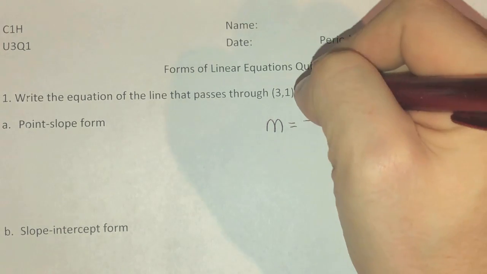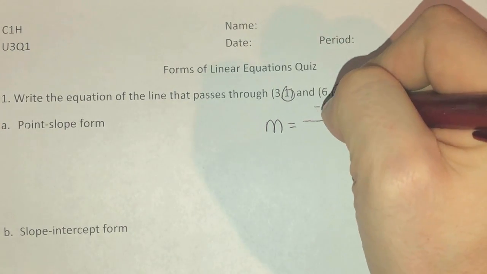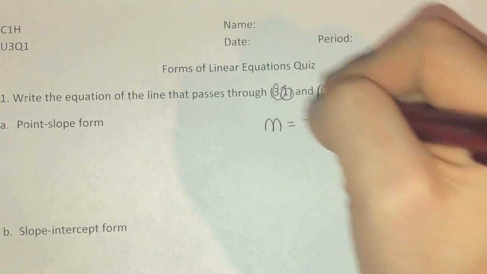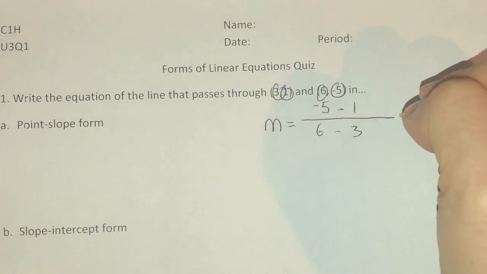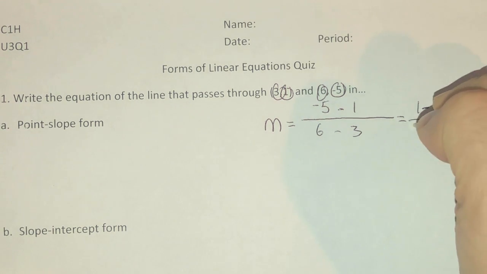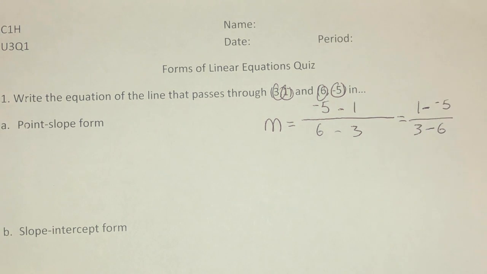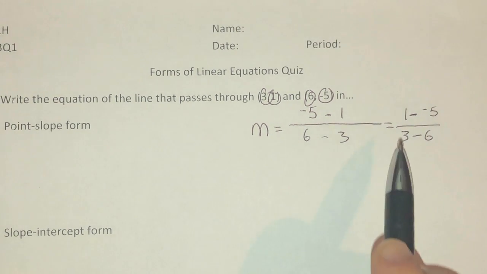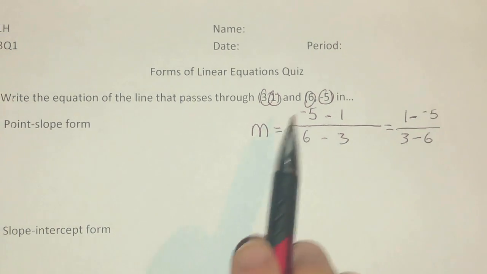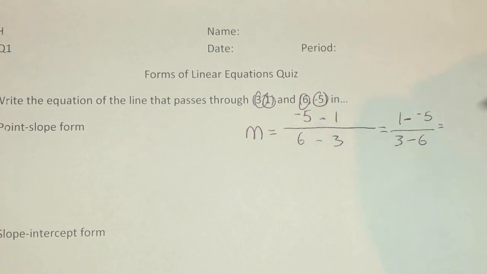So first I'm going to start with my y's. I'm going to go -5 minus 1, and then I'm going to do 6 minus 3. Equivalently, you could have done 1 minus -5 and 3 minus 6. The most important thing is that the 1 and the 3 are together and the -5 and the 6 are together, because that's how they appear here.